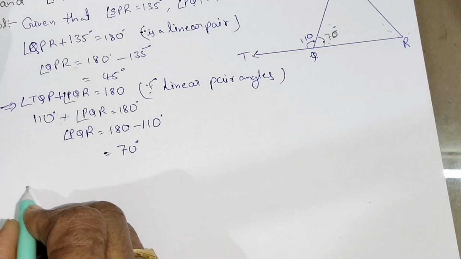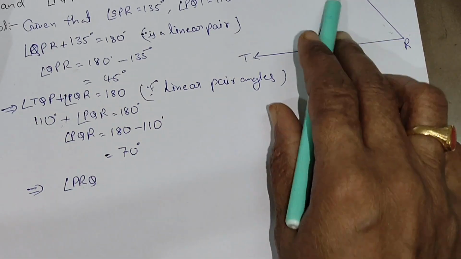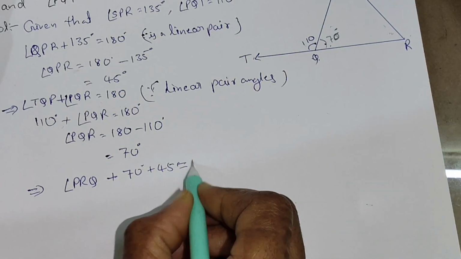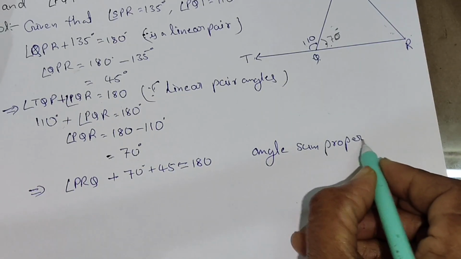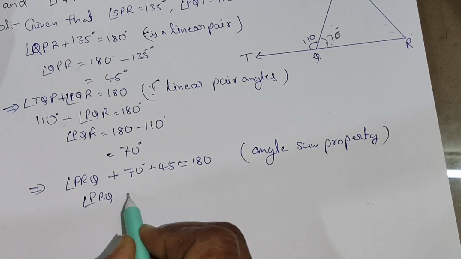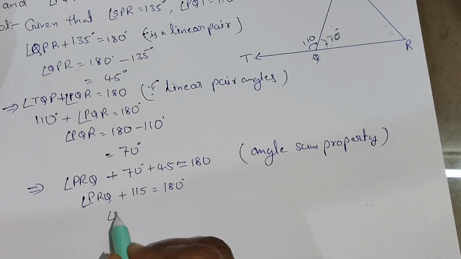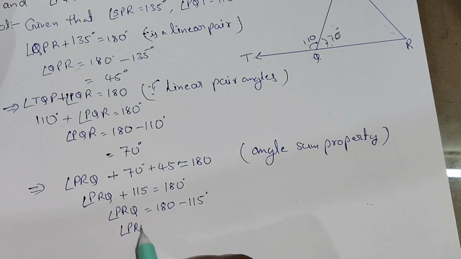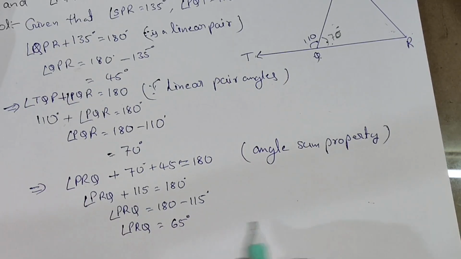So angle PRQ plus 70 degrees plus 45 is equal to 180, by the angle sum property. 70 plus 45 is 115, so angle PRQ is equal to 180 minus 115, which is 65 degrees.